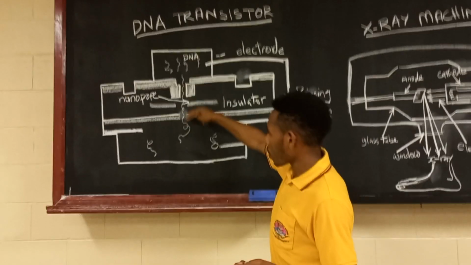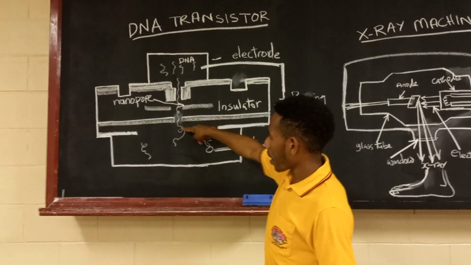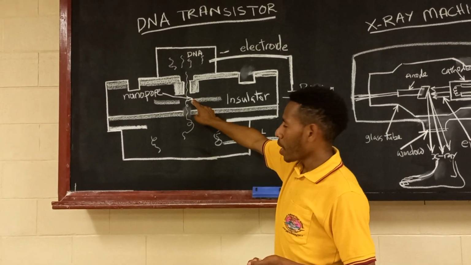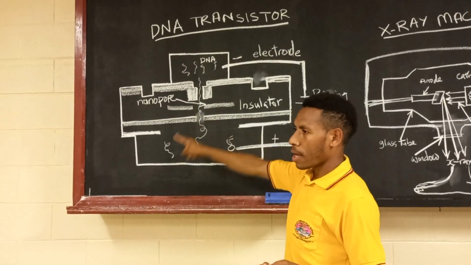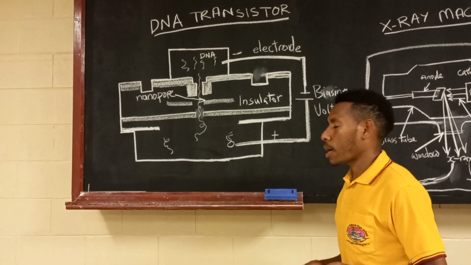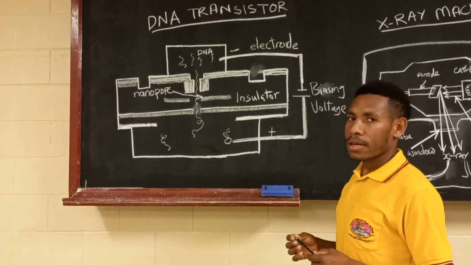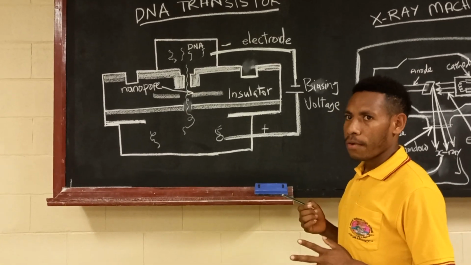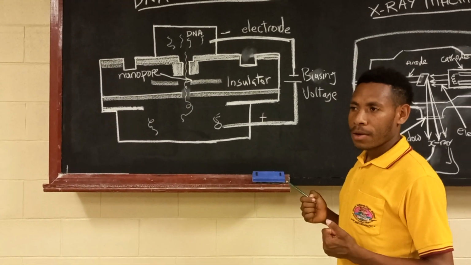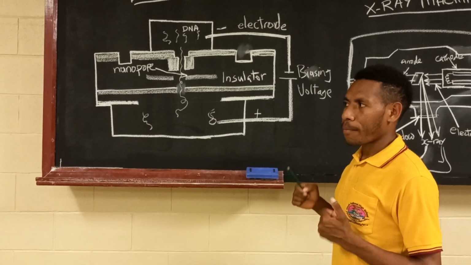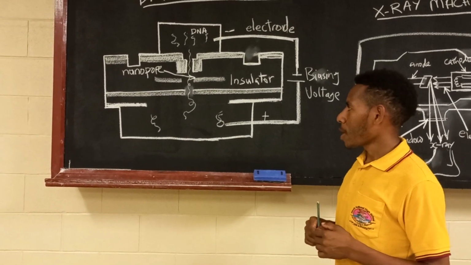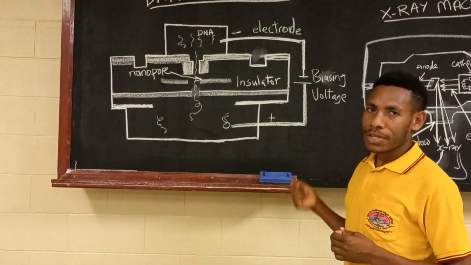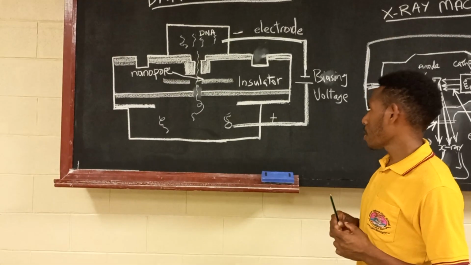So it flows through this pore here, and as it passes through this nanopore, it is being sequenced, and the results are shown on the monitor, and that's where doctors analyze the DNA of a person or an animal. So that's how doctors use this DNA transistor and how it functions.